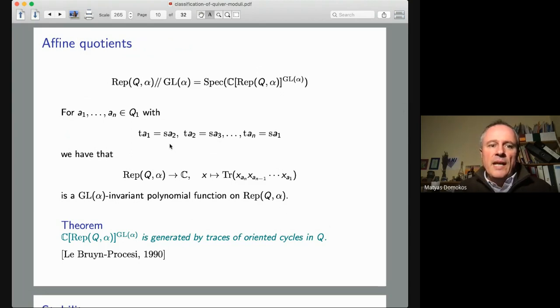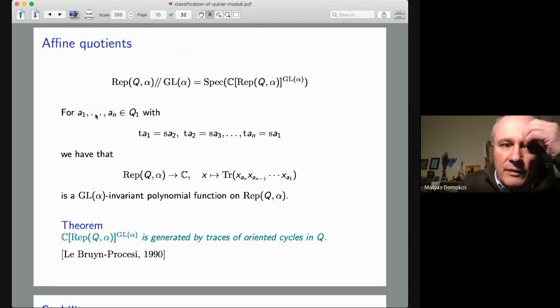An oriented cycle is just a sequence of arrows A1, A2, ..., AN in the quiver, in such a way that the target of each arrow in this sequence is the source of the next arrow. And of course, the nth arrow's target is the source of the first arrow.